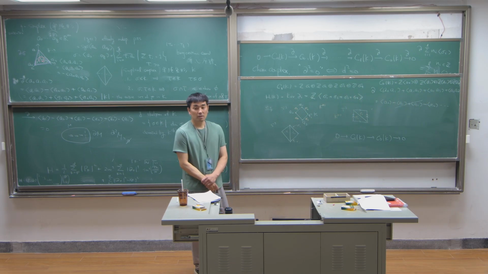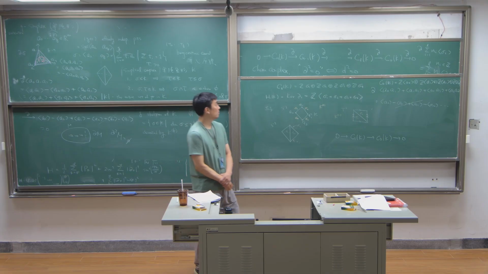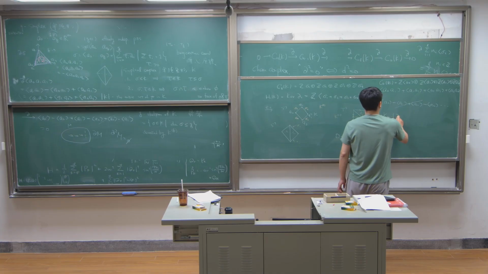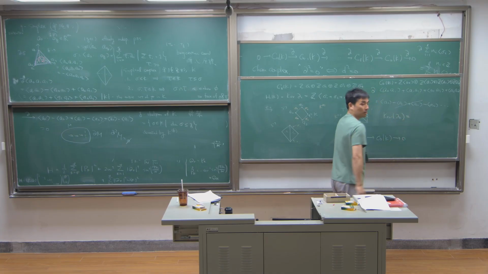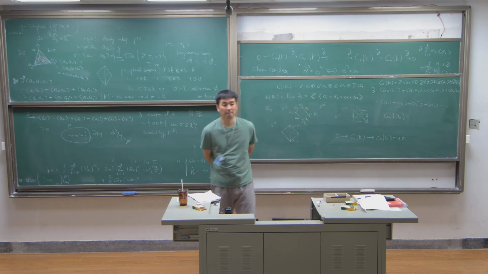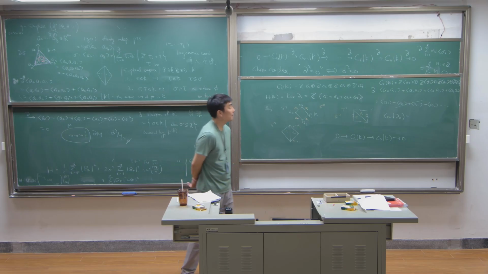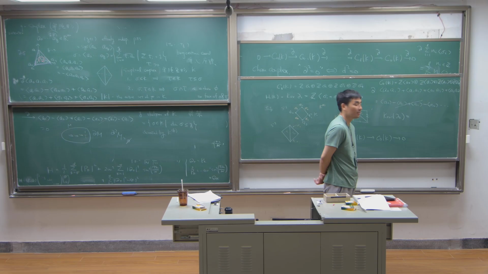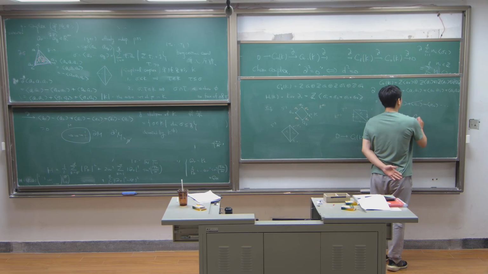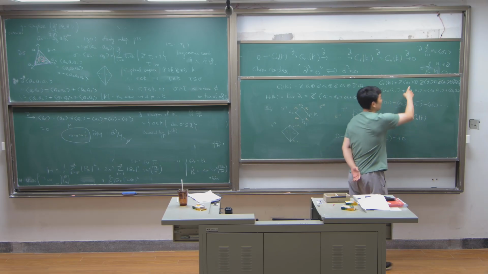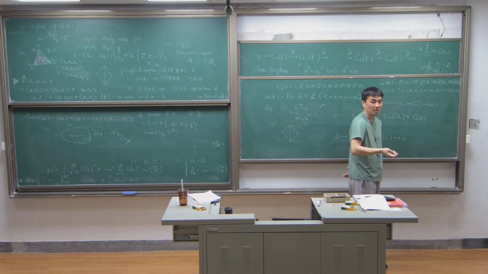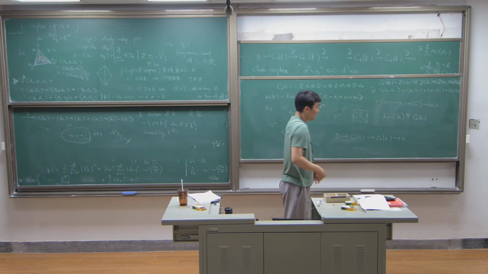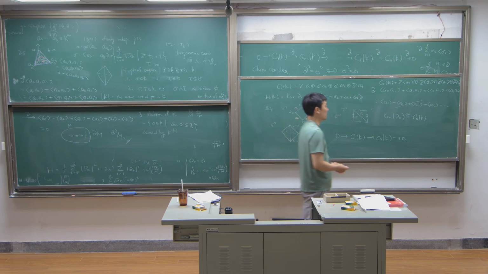What is the kernel of the boundary on C0? C0 itself, yes, because the boundary of A0 is just empty. So the kernel is C0 itself. The question is, what is the image?